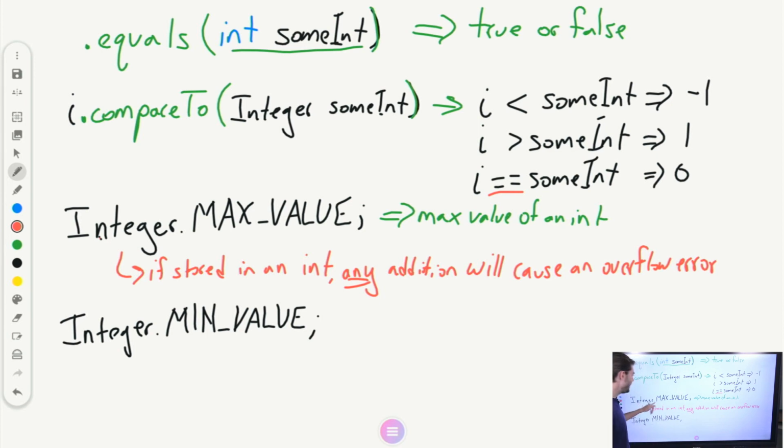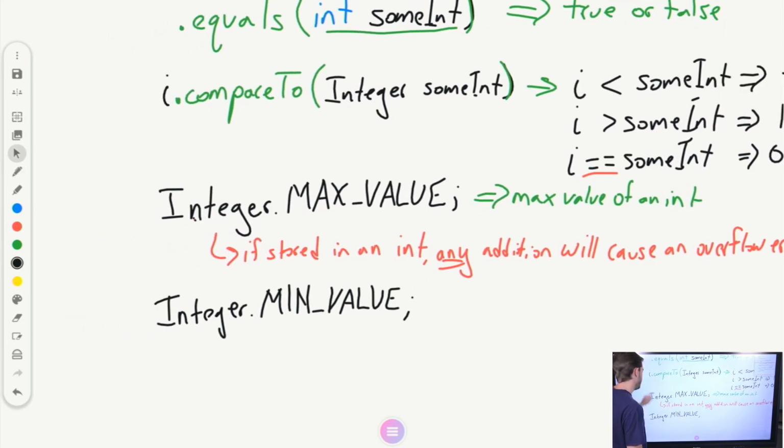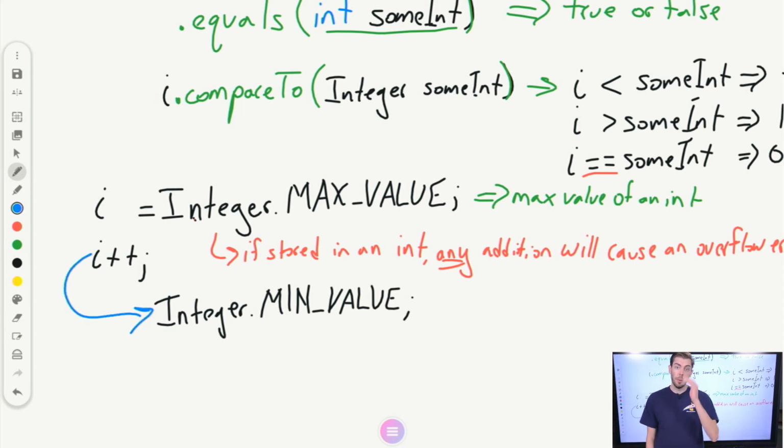So if I take Integer.MAX_VALUE and save that into i, if I say i now equals Integer.MAX_VALUE, and then I say i++, the next thing that i will actually be equal to is Integer.MIN_VALUE. It will overflow to the other side of min and give us our Integer.MIN_VALUE.